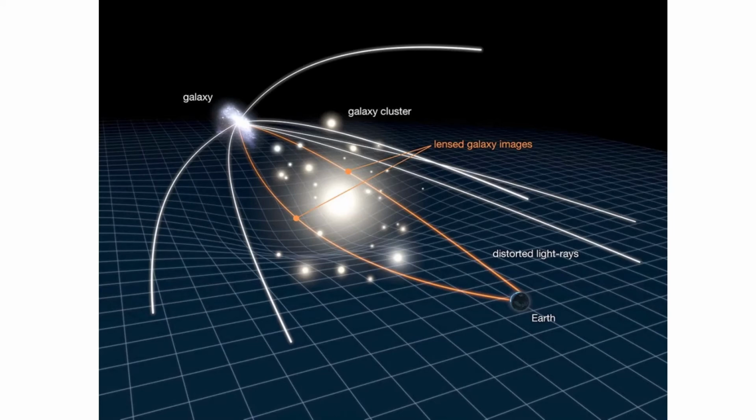Astronomers have found many examples of this phenomenon, which is called gravitational lensing, where the light from some distant object is bent around a massive object between the Earth and that distant object. In this illustration, the Earth is down here. There's a massive galaxy here, and then there's another galaxy here. Well, the light from the galaxy on the upper left gets bent around the curve created in space-time by the middle galaxy.